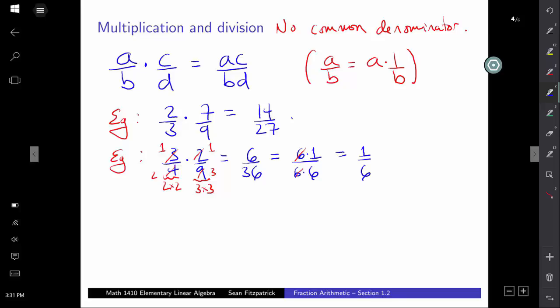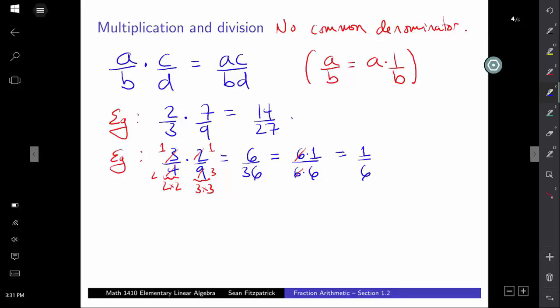Now, what about division? Well, we use the same rule that we came up with in the last video when we defined multiplicative inverses. We said the way you define division is as multiplication by the inverse, multiplication by the reciprocal.